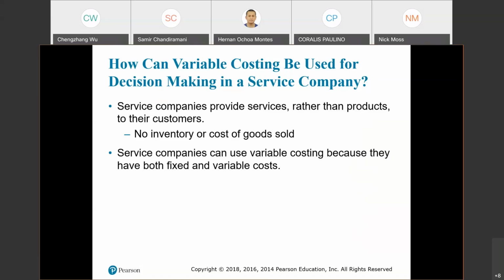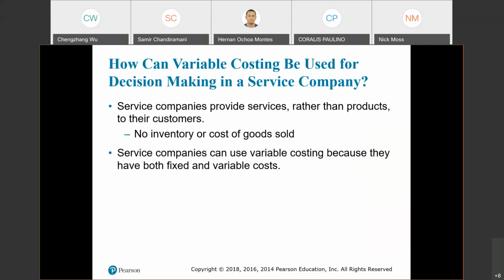Instead, they have labor as the cost. But similarly, they do have fixed and variable costs associated with providing services, because service companies also have both fixed and variable costing.